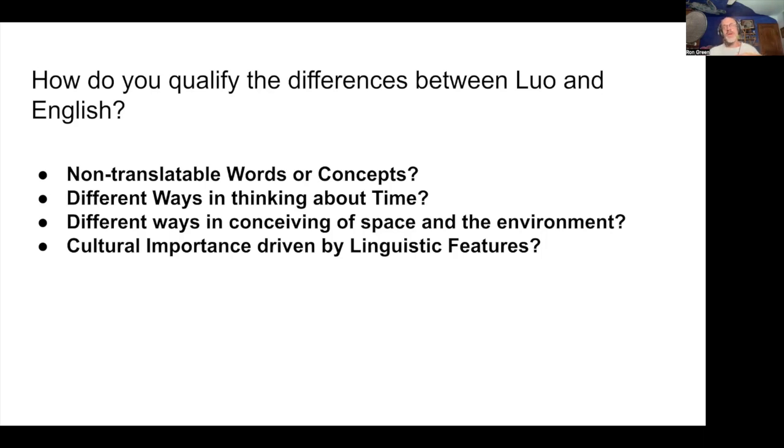So something that could have happened but didn't. And so in English, we have modal verbs, could have, should have, things like that, to help us talk about unreal conditionals or real conditionals.